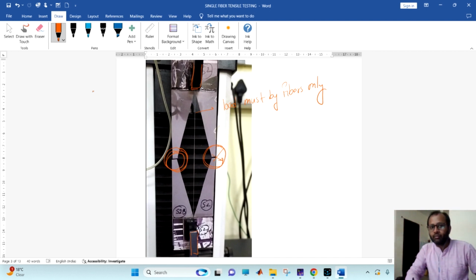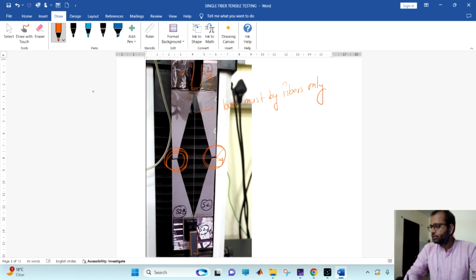And you can see after putting the fiber with the glue, we have put the same paper tab here. So that is the best way. Like this, you can make the single fiber tensile testing samples. That is very clear.